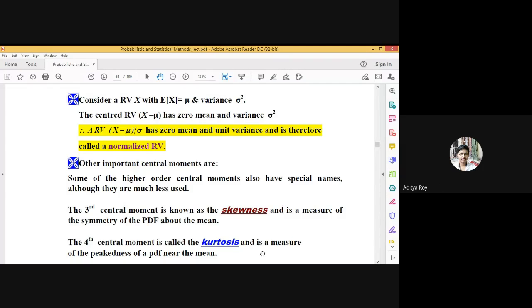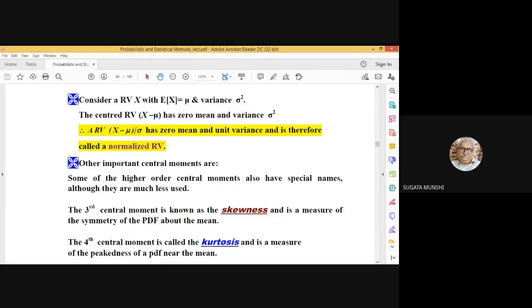Sir, what's the benefit of normalizing a random variable? That you will understand when you consider the Gaussian distribution. There are certain distributions where, from the density function, you cannot integrate analytically and find out the probability values.